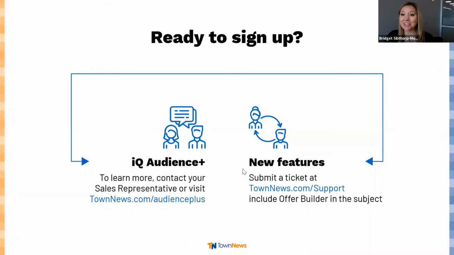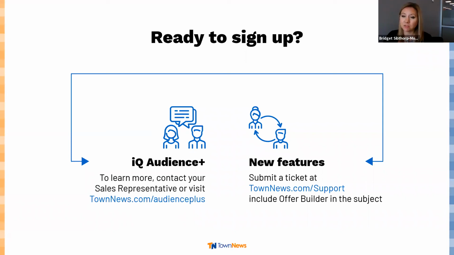All right, well, I just have one last slide here, and then we will go back to questions. So if you are ready to learn more about IQ Audience Plus, the Smart Meter, contact your sales rep, or we have a really nice new page, townnews.com/audience plus, that gives you more information about the platform.